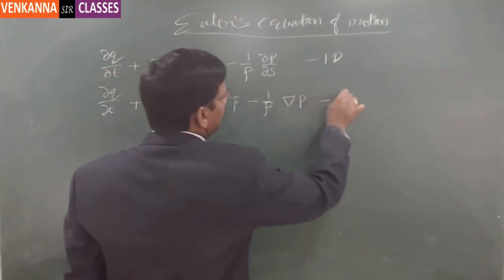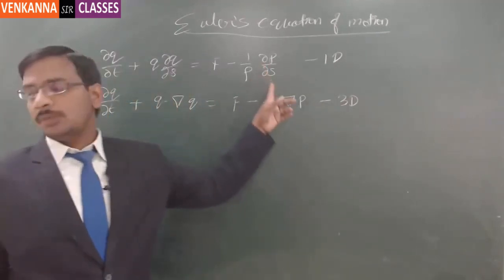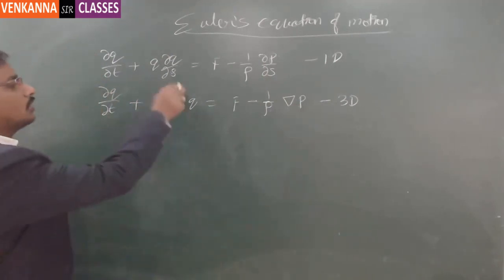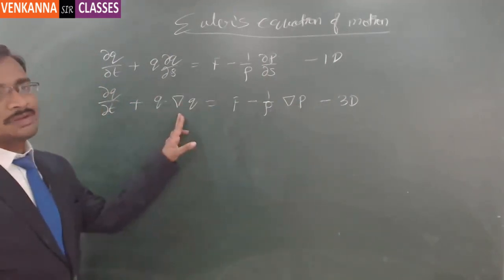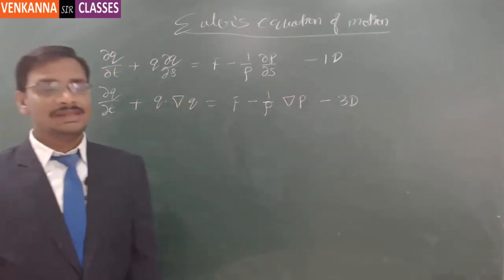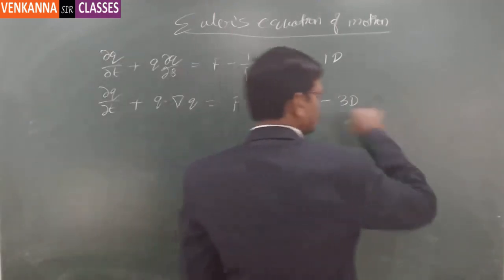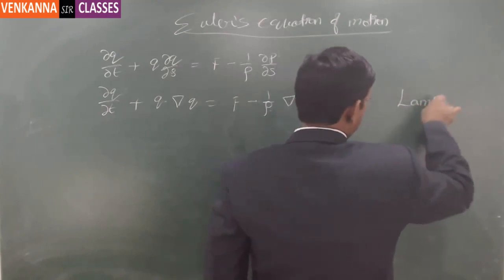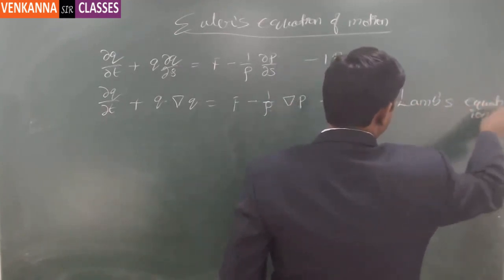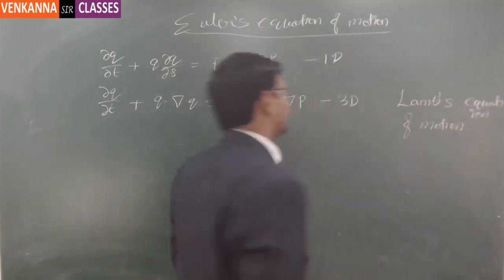So this is the Euler's equation of motion for 3D, right? So this dou by dou s becomes del. That's the only difference. Wherever dou by dou s is coming into picture, we replace it with del. Then we call this the Euler's equation of motion in case of three dimension. This is also called Lamb's equation of motion.